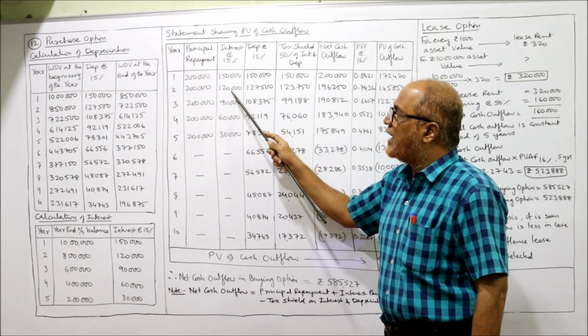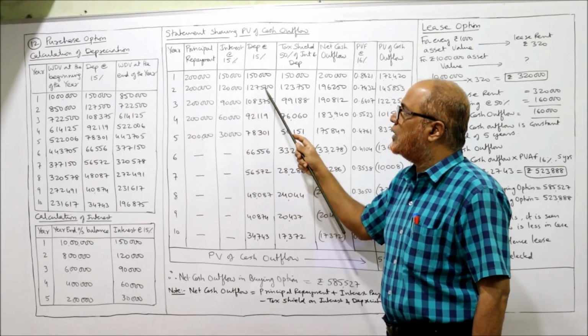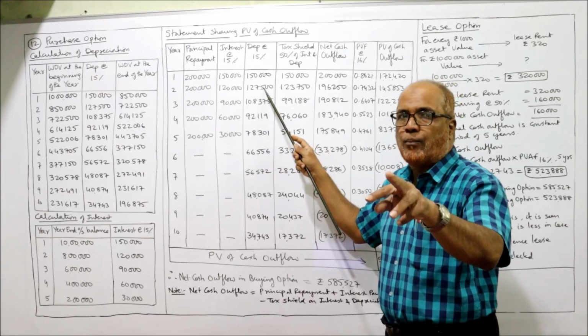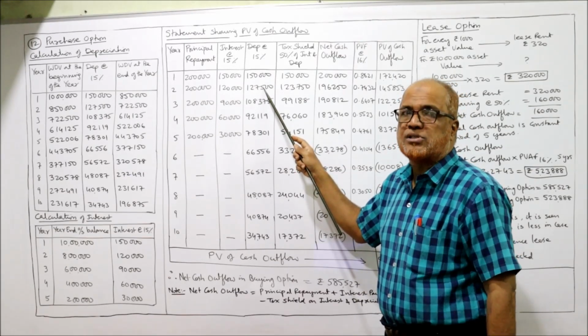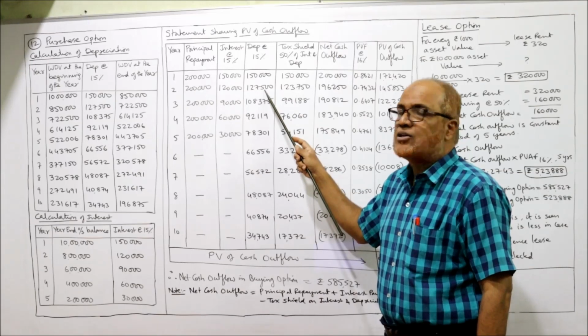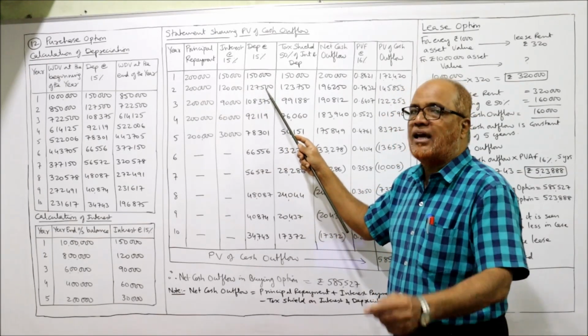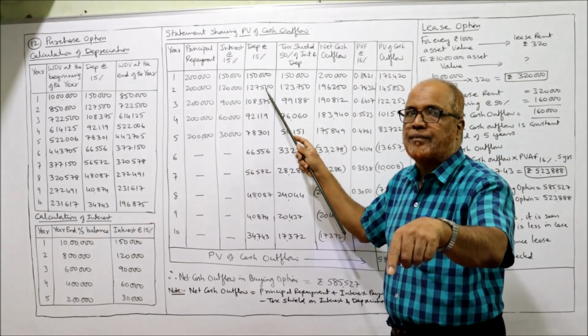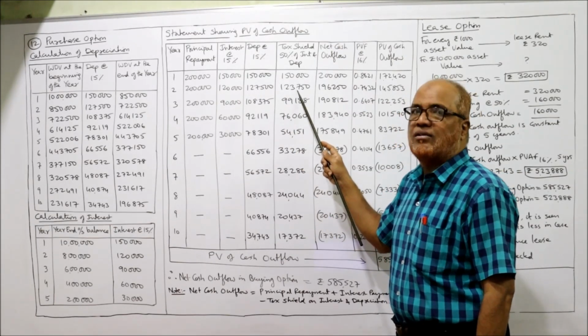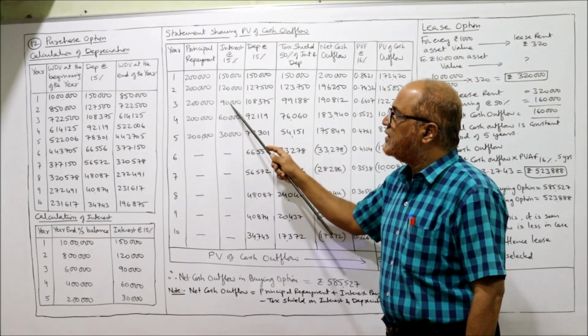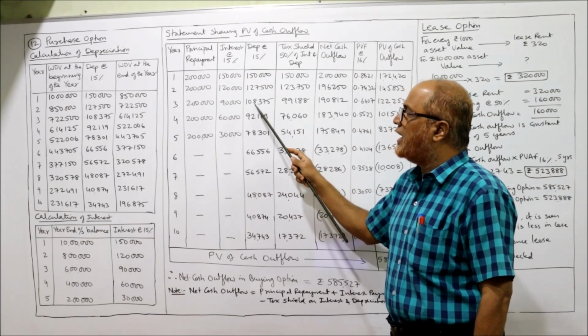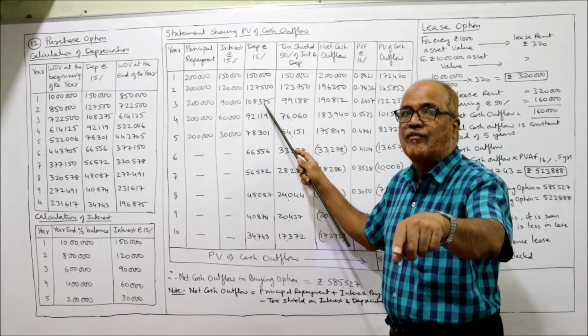Add up both and calculate 50%. 1,20,000 plus 1,27,500 into 50%, you will get 1,23,750. Similarly, 90,000 plus 1,08,375 into 50%.